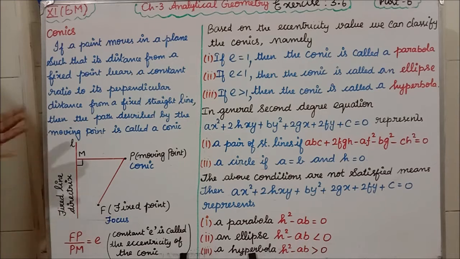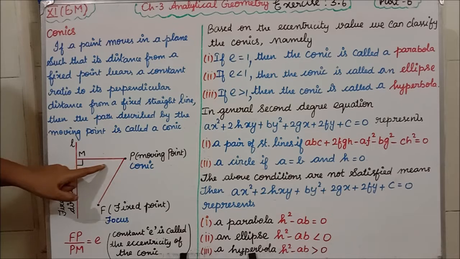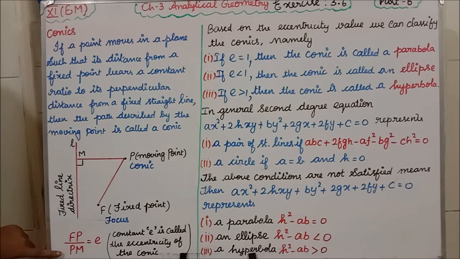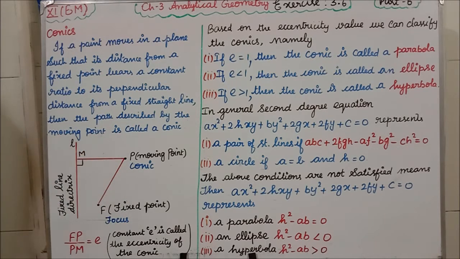If you write it as a ratio, that is FP divided by PM, you get one constant. From that constant you get a point, that is the moving point. So that moving point traces the conic.